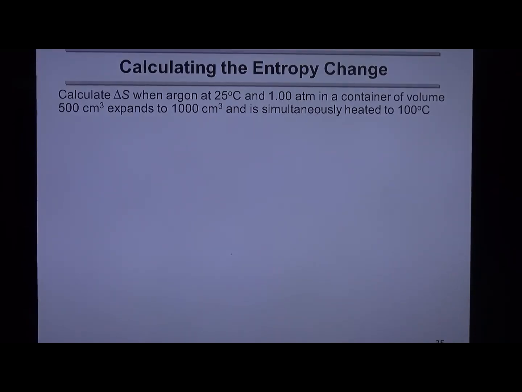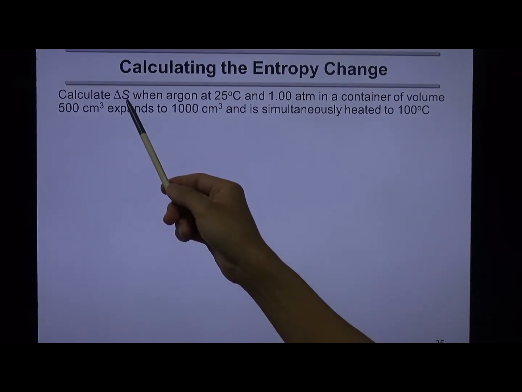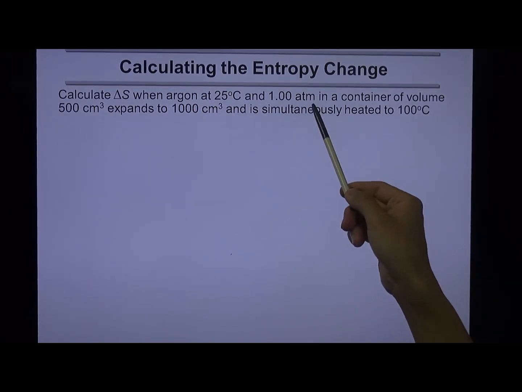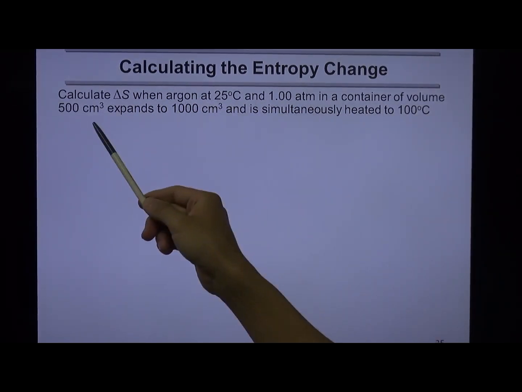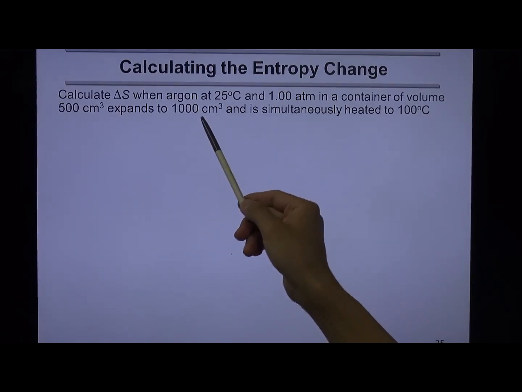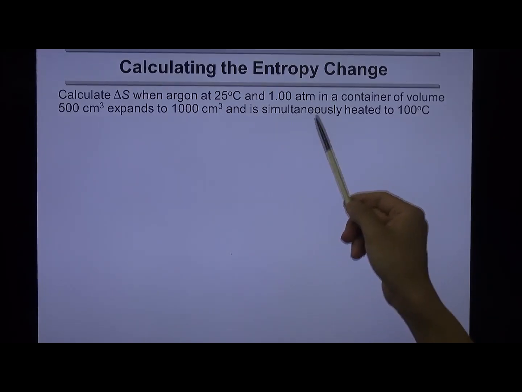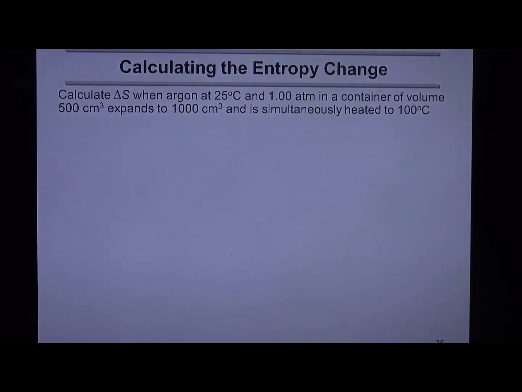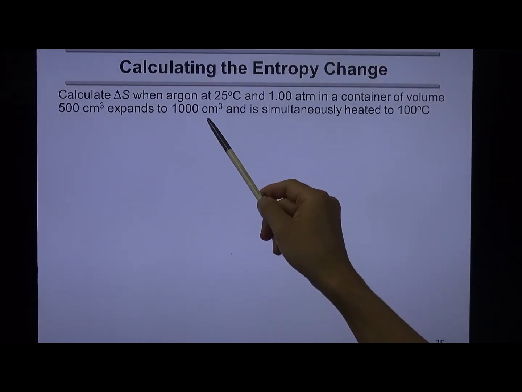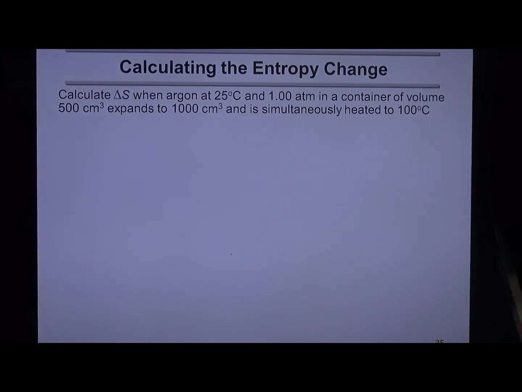How can you calculate delta S when argon at 25 degrees C and 1 atm in a container of volume 500 cubic centimeters expands to 1000 cubic centimeters and is simultaneously heated to 100 degrees C? Volume changed from 500 to 1000, temperature changed from 25 to 100 degrees. Both variables changed at the same time.